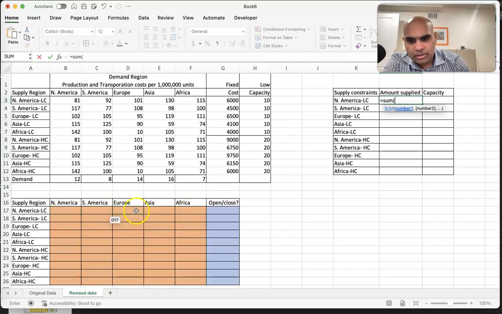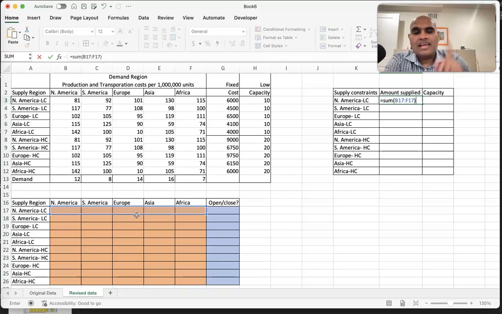So these are all the units that are transported out of the low capacity North America plant to all the different demand regions. So you add them all up, right? That's the total number of units supplied out of the low capacity North America plant, and that's the left hand side of the constraint.